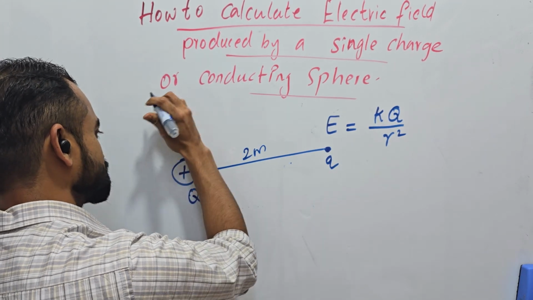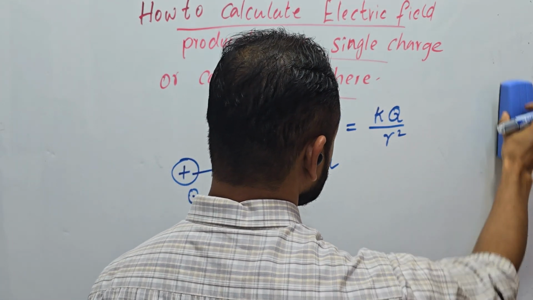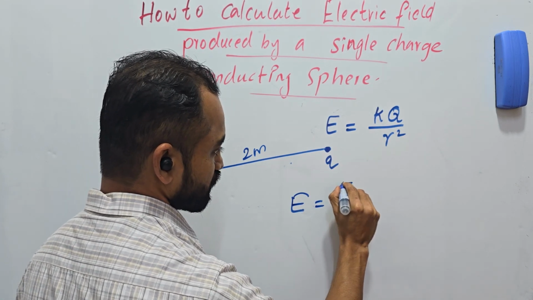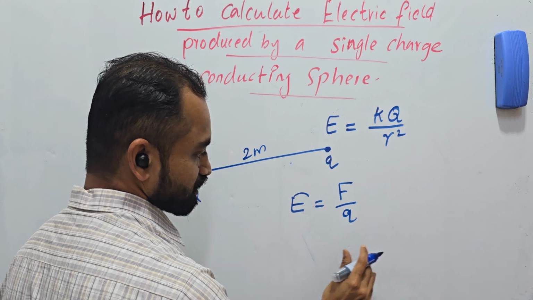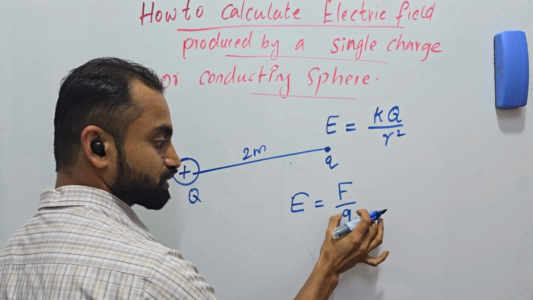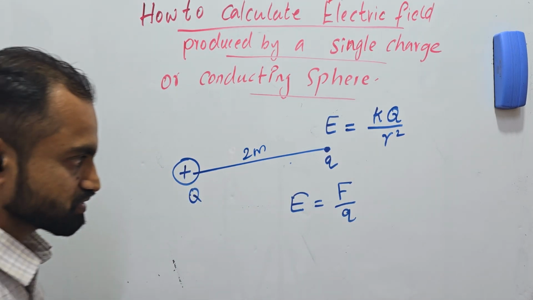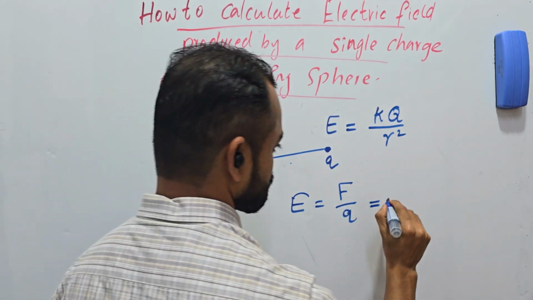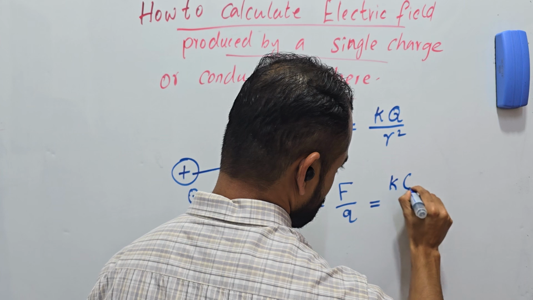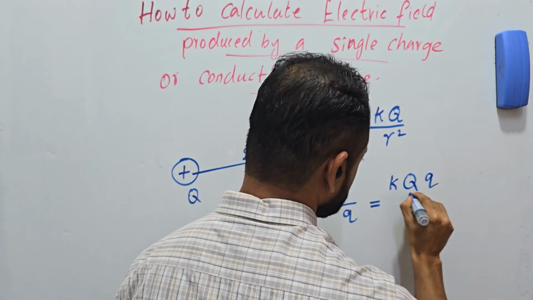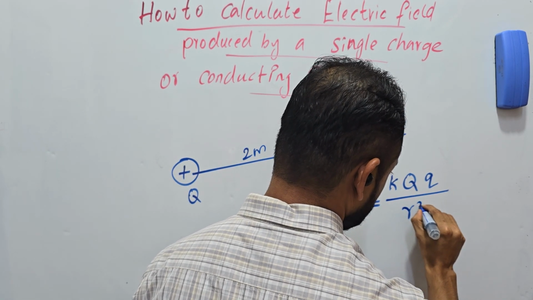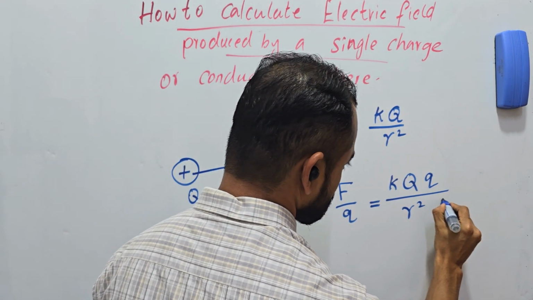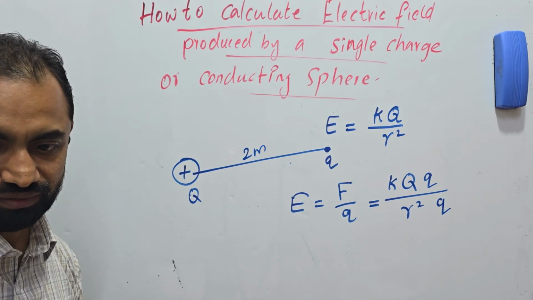Islam is saying that if I use this equation, E equal to F divided by Q, then the electric field must depend on the test charge. See Islam, this equation. What is F? F is K into source charge into test charge divided by R square, right? Divided by this Q, so that Q we will write here.